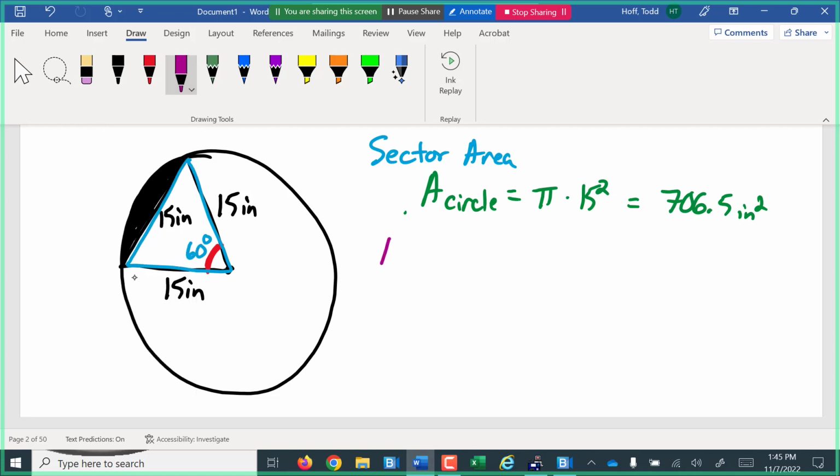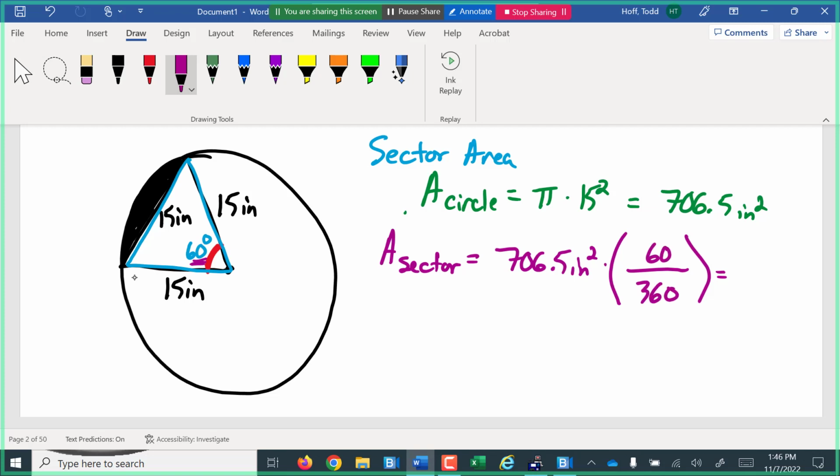From there, how do we find the area of the sector? What do we do to that to find the area of the sector? Times 60 over 360.